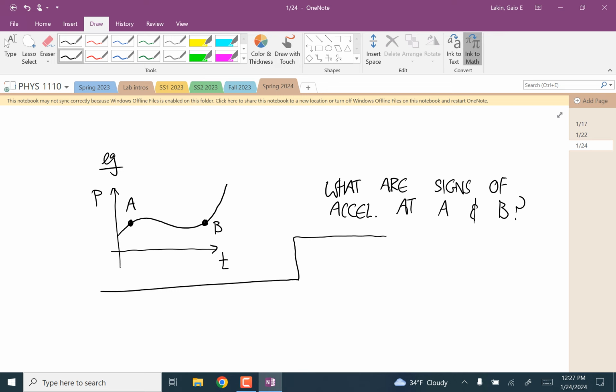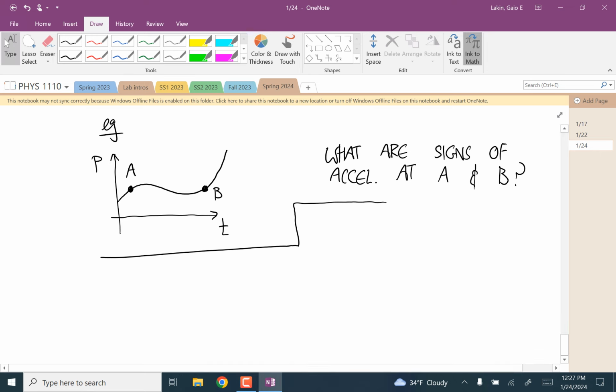Do you see that? And so concave down means the acceleration is negative. So at A, the acceleration is negative.